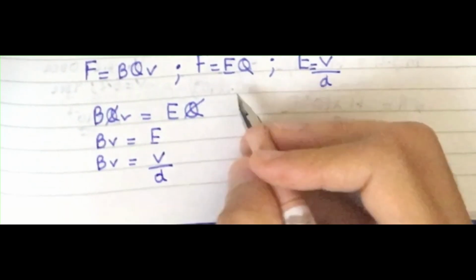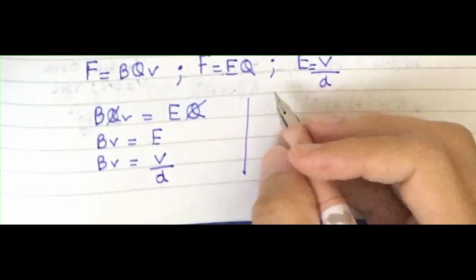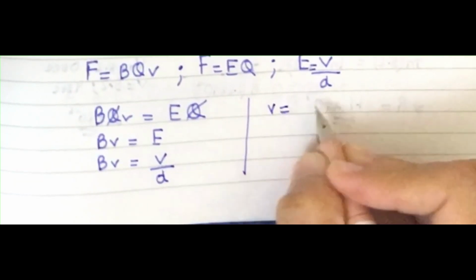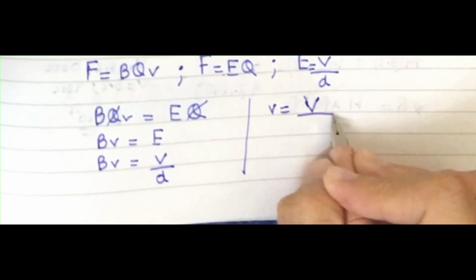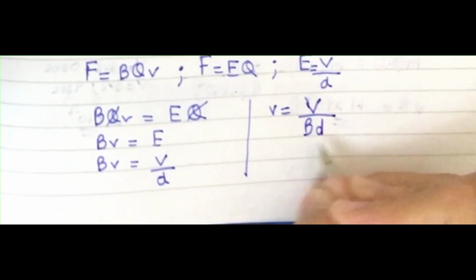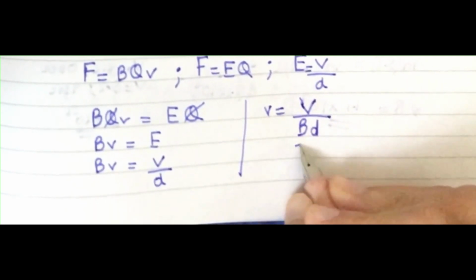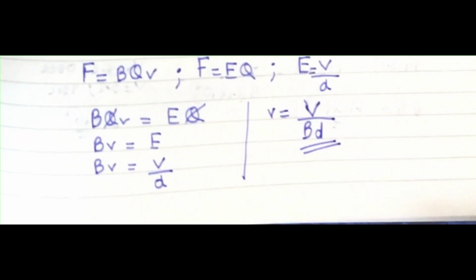I need the velocity, so v equals V, the electric potential, divided by B and t. So this is your answer.